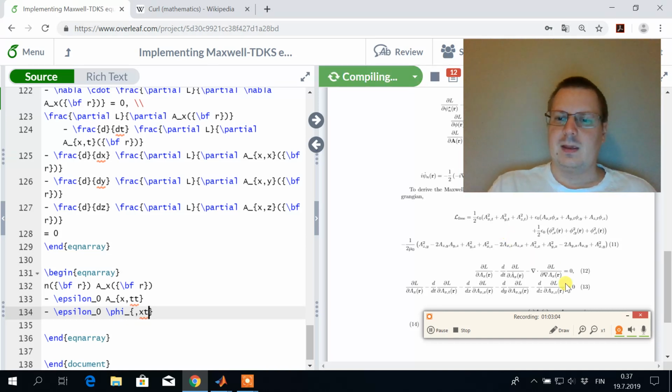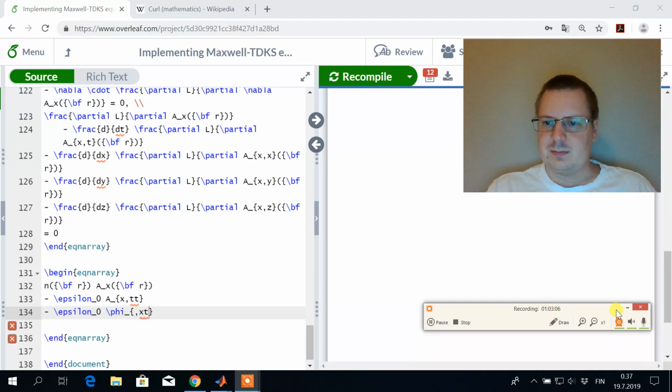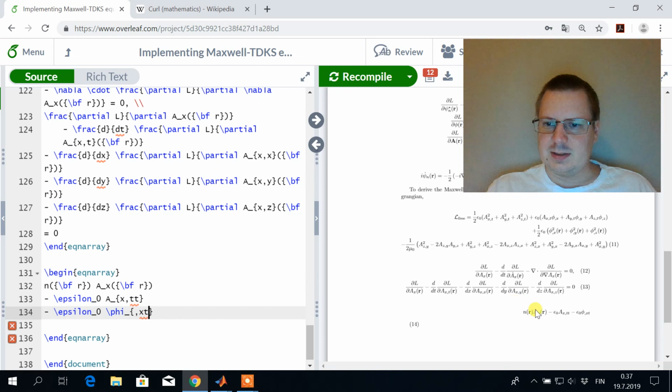Okay, I think I remember that that's also expected. So these were the time derivative parts, and then we take the x derivative of x, partial derivatives, there's none.